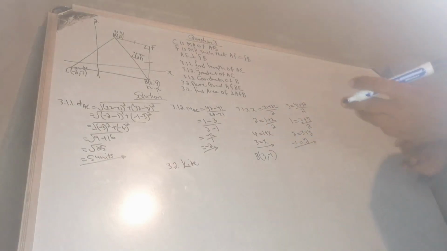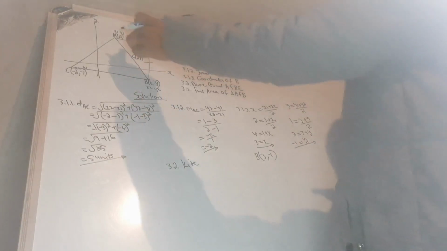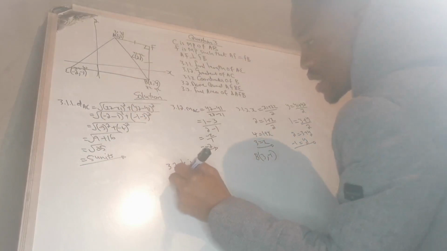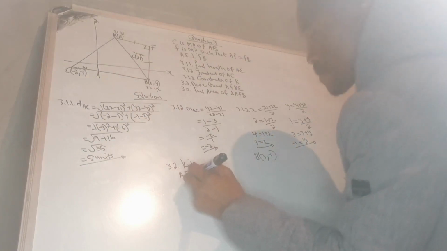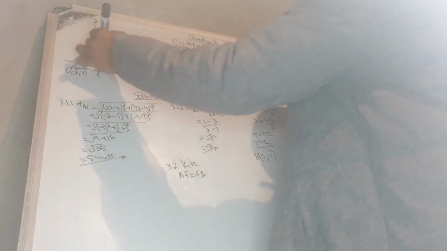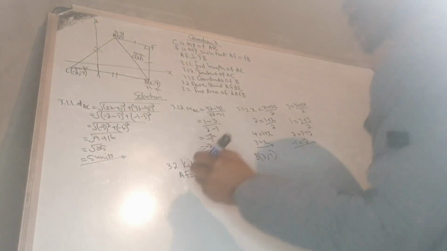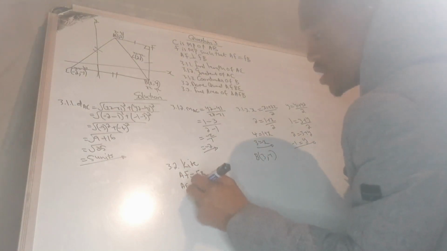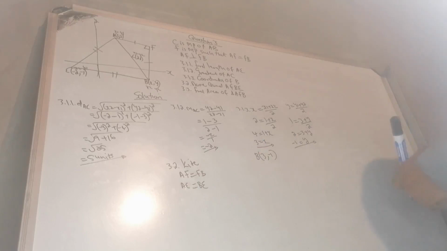And then what do we know? We know that two sides are equal. AF equals FB. That's one of the properties of a kite. And then we know that this must be equal to that, so AE equals BE. Those are the properties of a kite. And then what else?